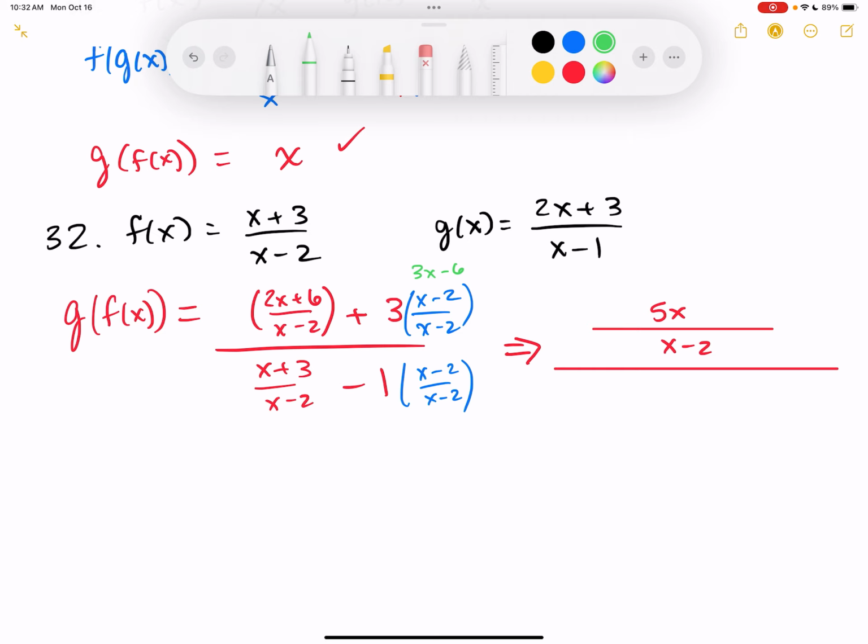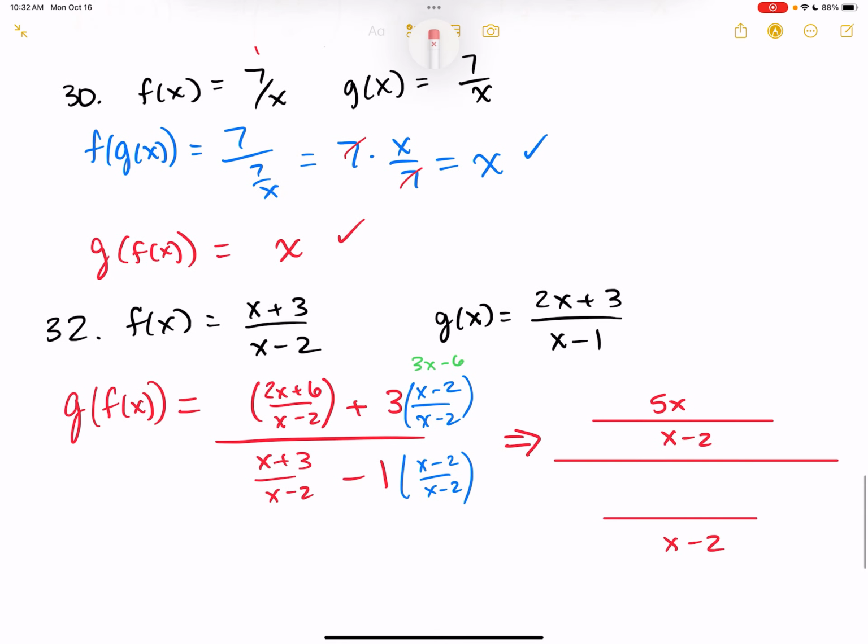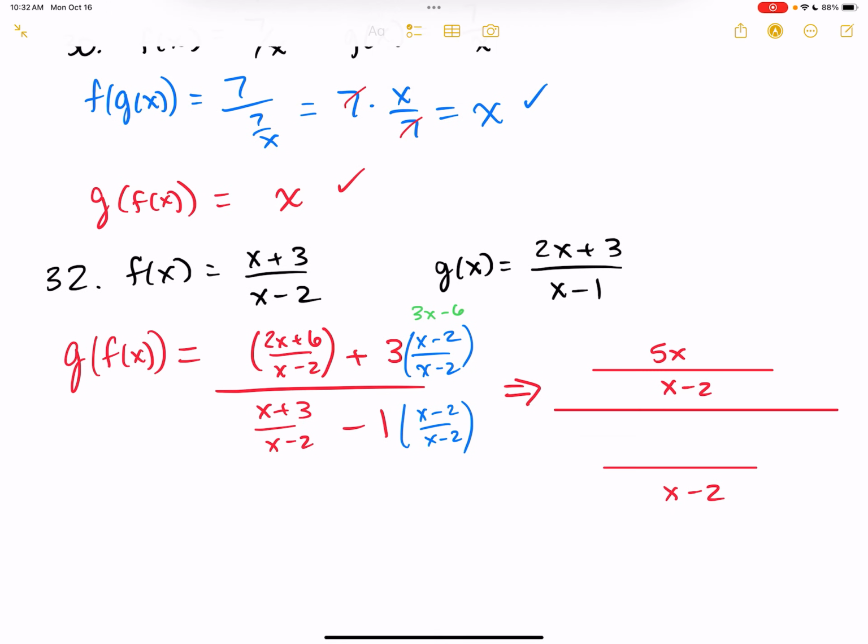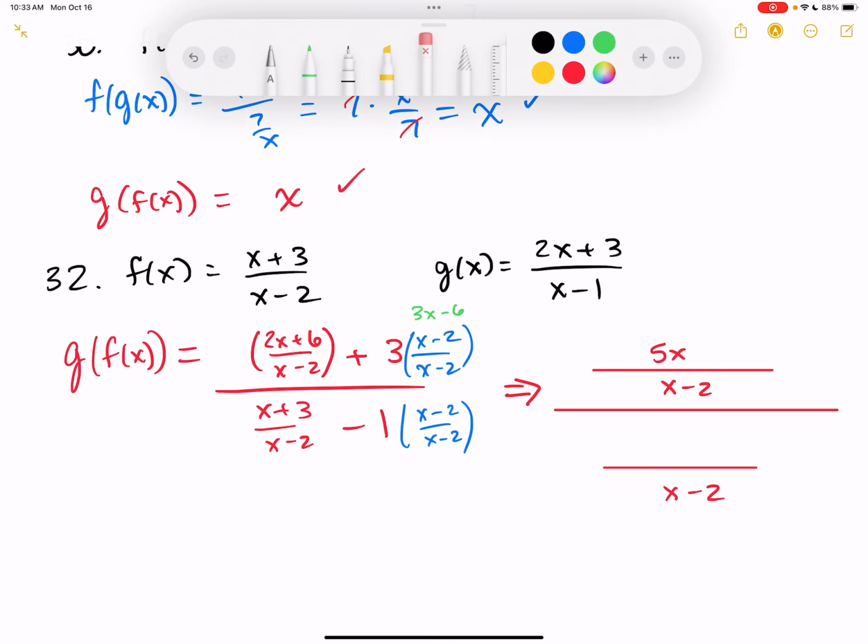So now on the bottom, I'm going to do the same thing. So it's going to be over x minus 2, obviously. So all this minus 1 here does is basically, you can either just multiply the 1 through or do the minus. But this is going to become minus x plus 2.